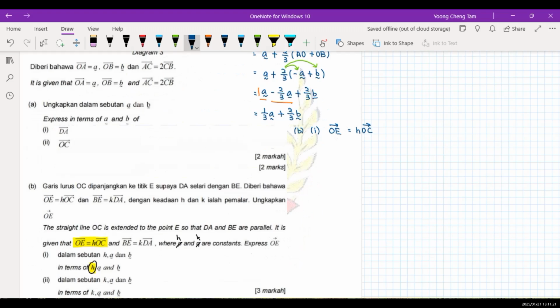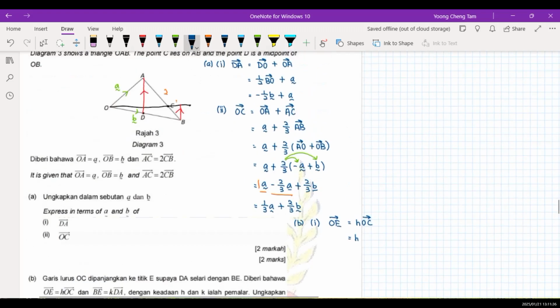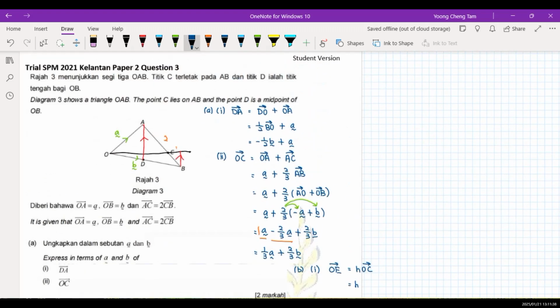It's exactly the same, right? So now equal to H. So OC, how to find? Usually for this chapter, you can get the answer from the previous question. Let's go back to question A2. Do we have vector OC?